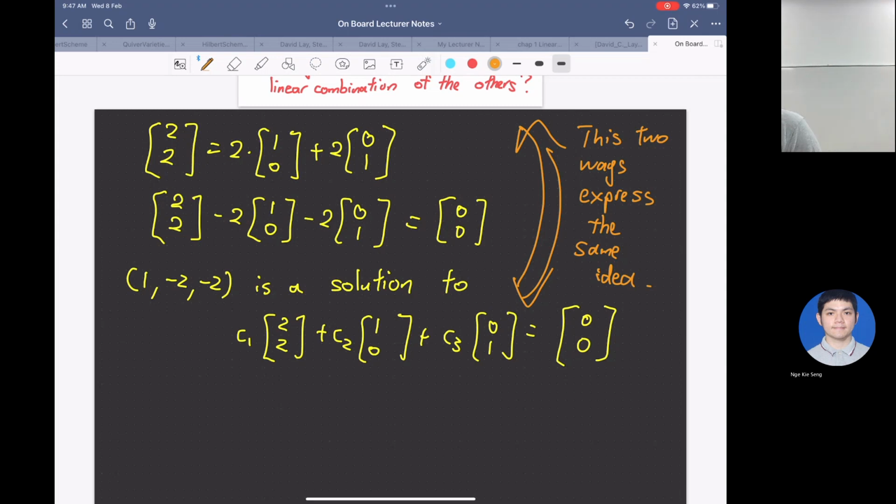If you want me to repeat the definition of linear independence, I can try again. Just one question from the lecture. Anyone? Quick. Only one question.